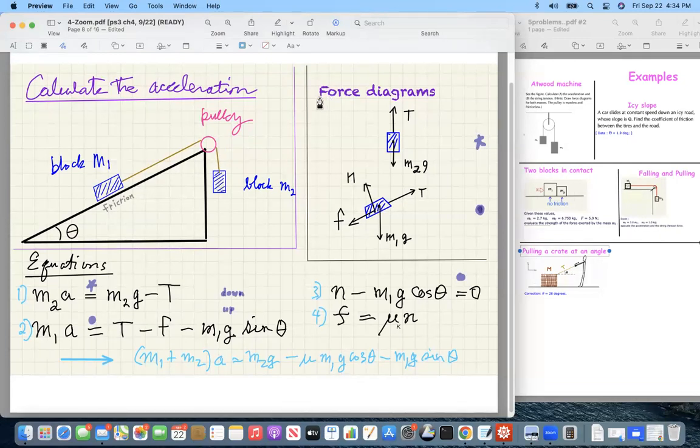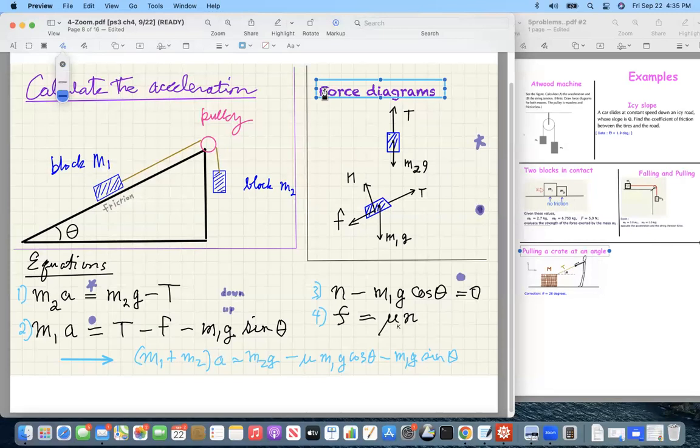So here is the crucial method for doing problems with Newton's second law. You have to draw force diagrams. So learn how to draw force diagrams. It's in chapter 4.